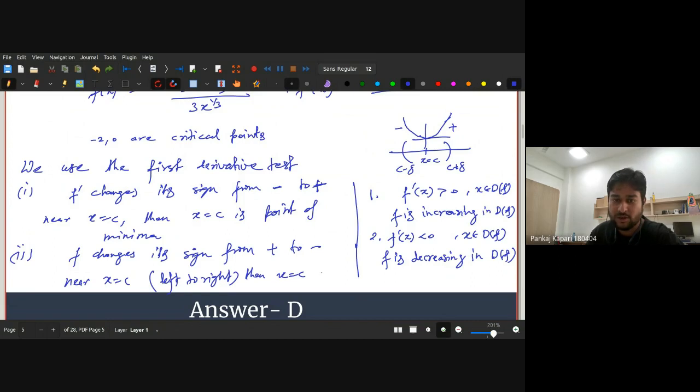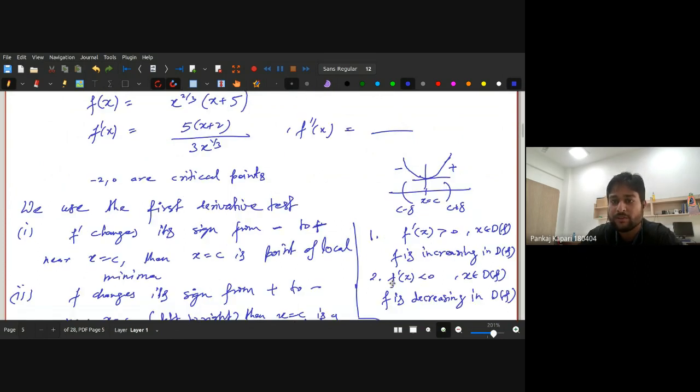This x equal to c is a point of local maxima. And why is this happening?